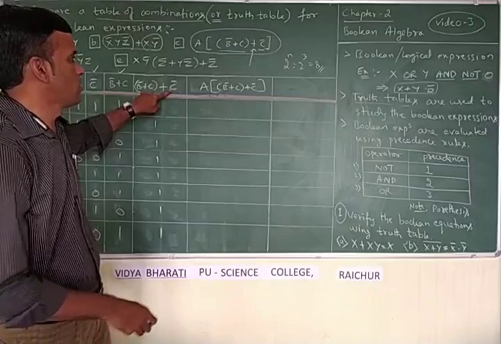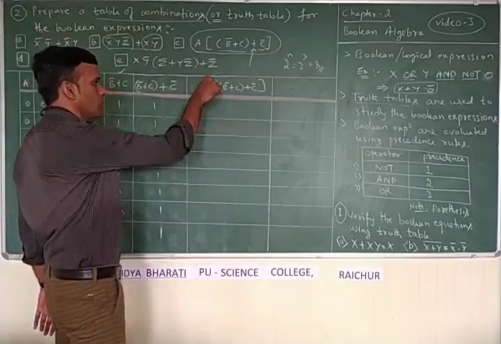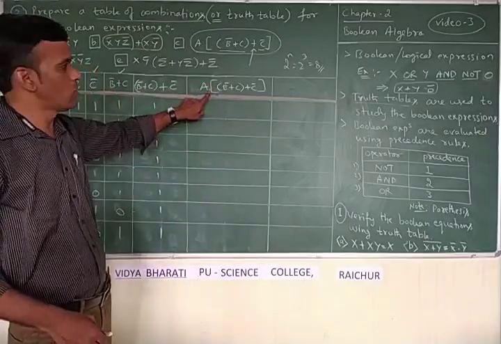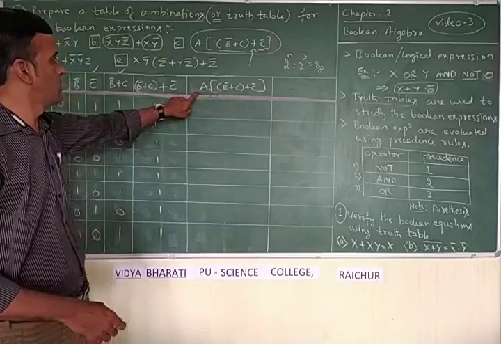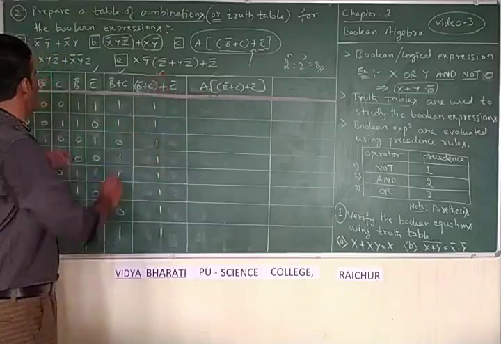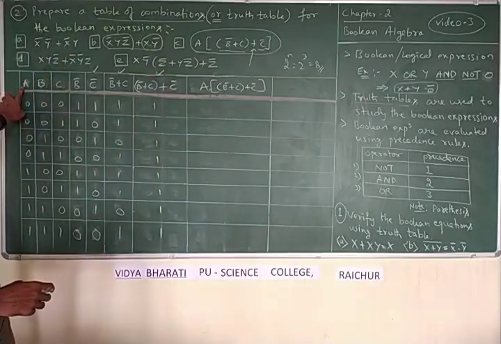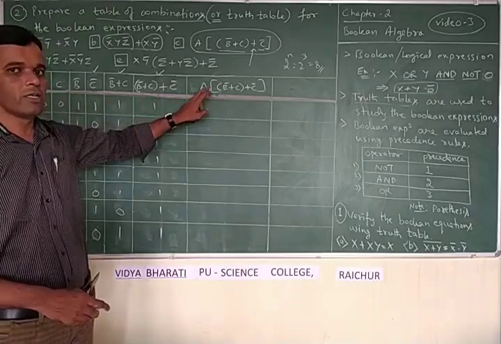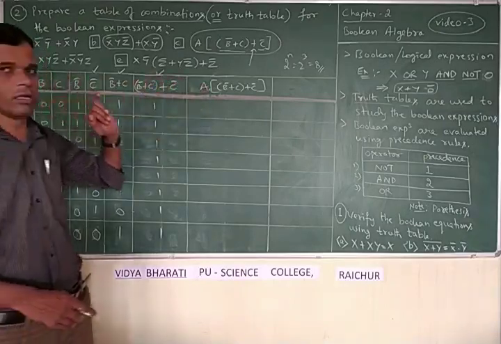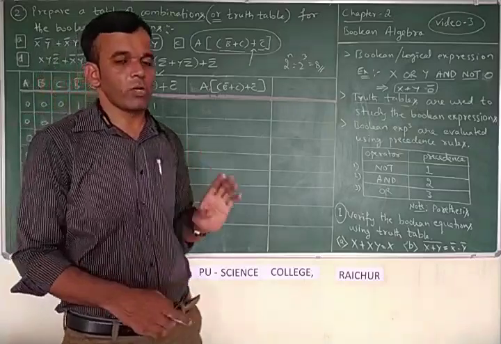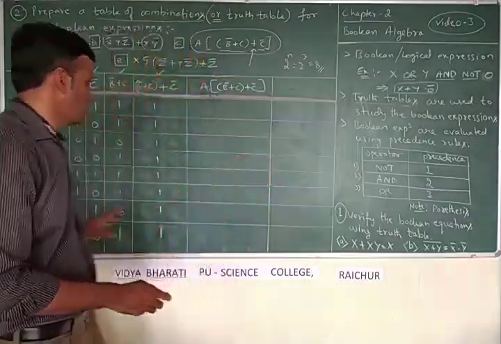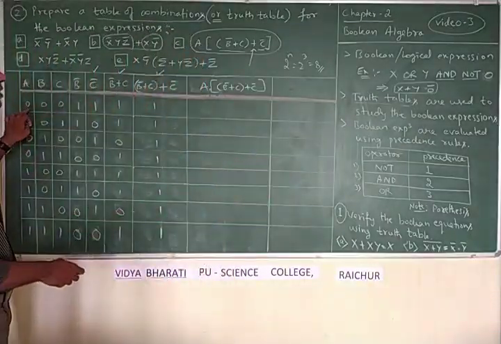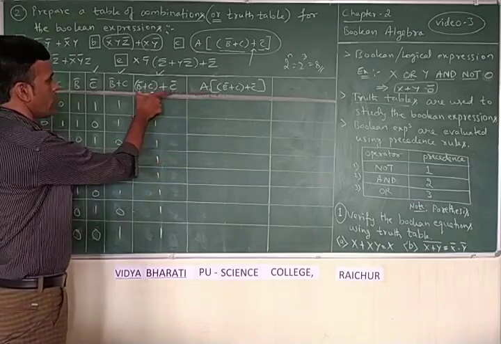This one is combined with logical AND to the variable A. So this column and this first column you have to see. Dot means logical AND, and by the logical property, if both are 1, then only it is 1. So observe where both are 1 between column A and this one.